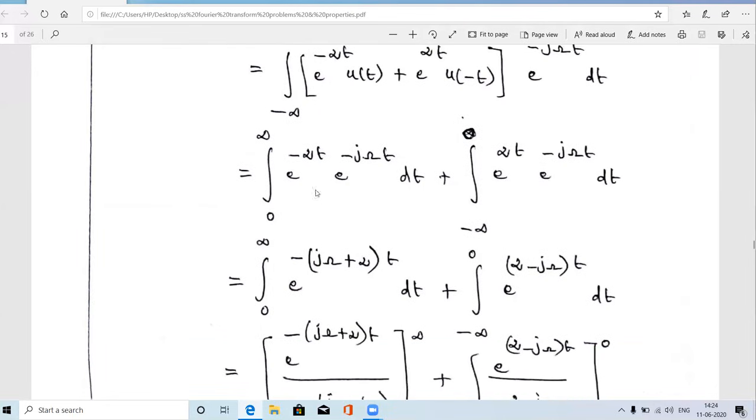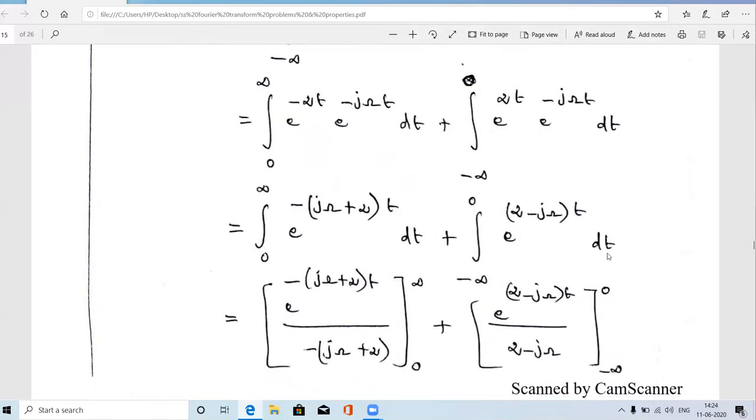What is the next step? Within the integration there are two e power terms. The base is common and the power is different, so we add the powers. In the first, minus t is common, so we write (jω + 2), or (2 + jω), times dt. Plus, similarly, in the second, t is common, so we take t as common: (2 - jω) t dt.